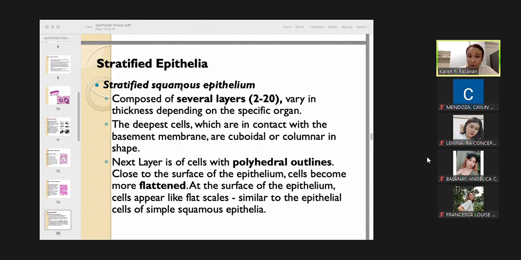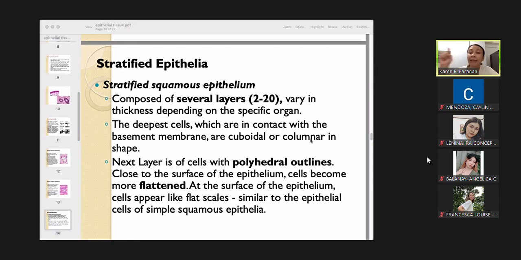But it may be combined with cuboidal and columnar cells as the basal cells. And these columnar and cuboidal cells found at the base are actively dividing. Once the cells mature, they are pushed towards the surface and hence become flattened cells.